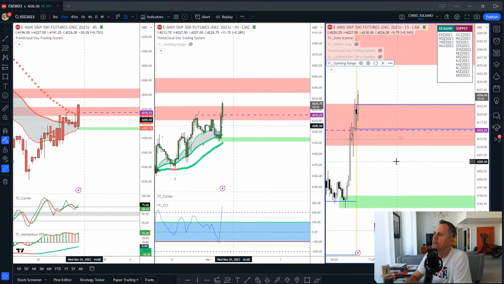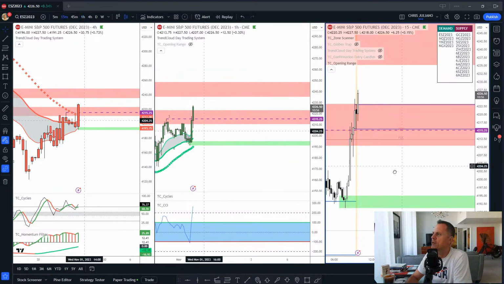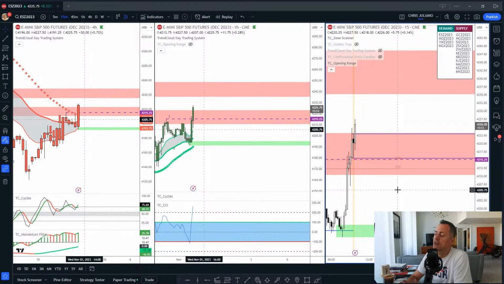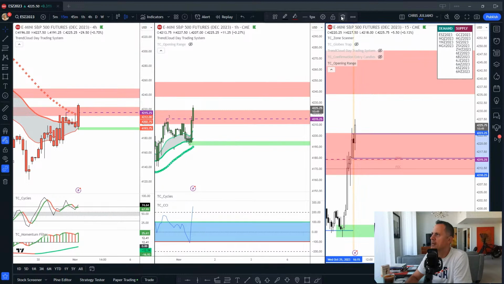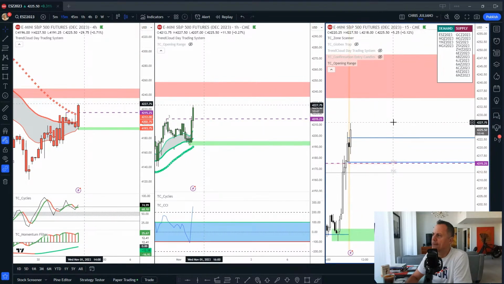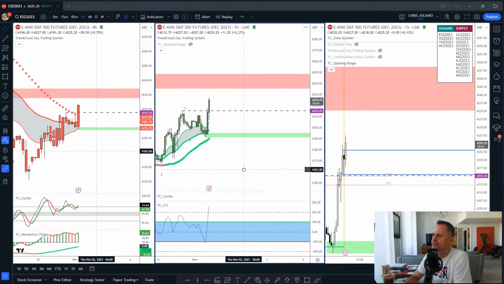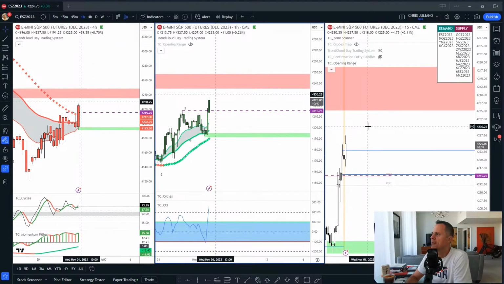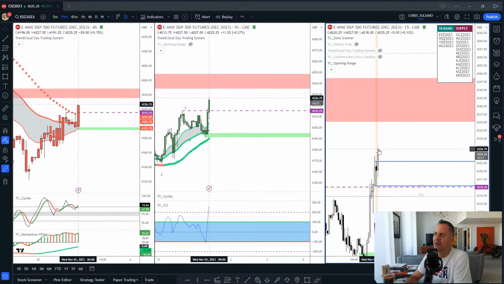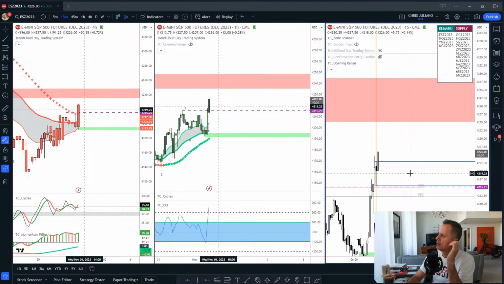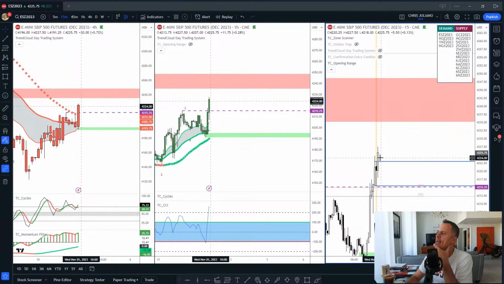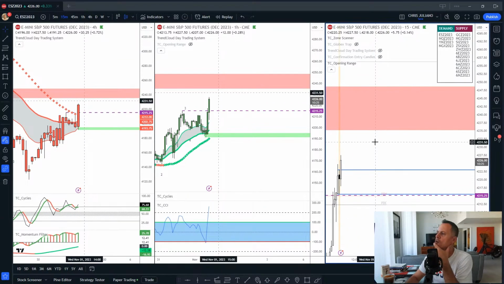We officially have that opening range. Okay, well, guys, look what's going on here, right? We ripped through this. Very nice. That's what we wanted. We wanted a nice break above. This thing might go right to here, hit that bull trap and totally reverse. So we really don't have a lot to work with.